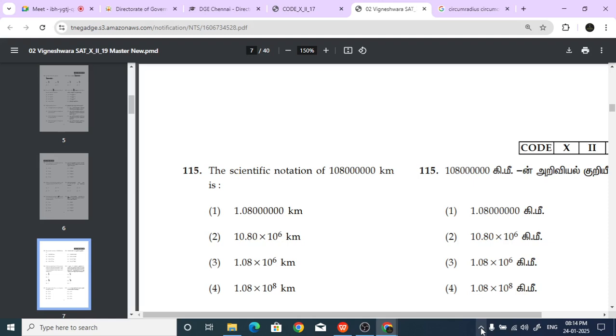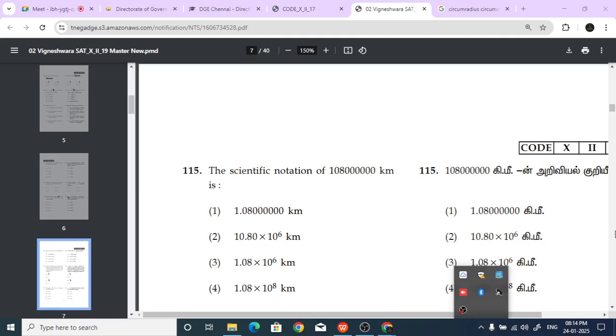Which one is correct? Option D is the right answer: 1.08 into 10 power 8. If you put 10 power 8, that is 8 zeros; 2 zeros, the point will come that side, and another 6 zeros. So that will be the answer.